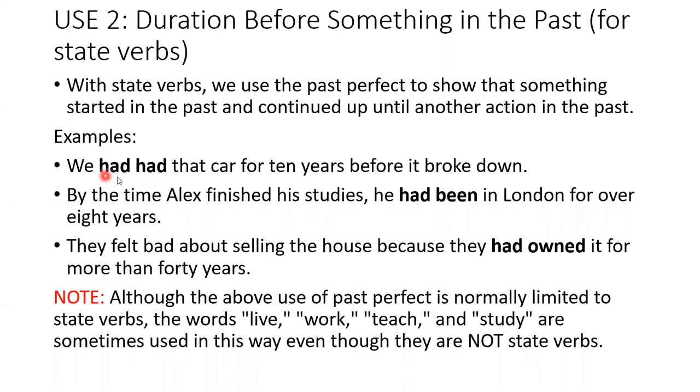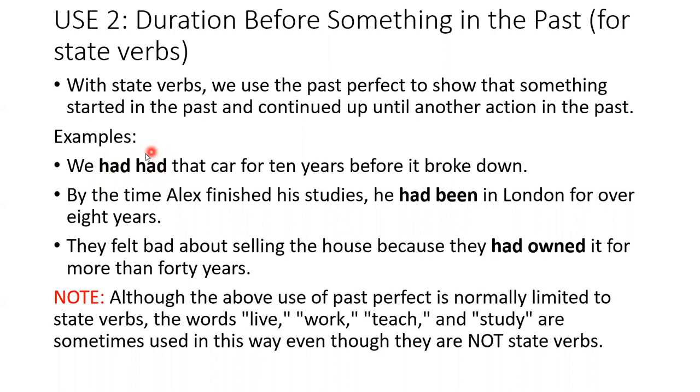Had is the past perfect of the verb have. This is the main verb, and this is the helping verb. Remember, the rule says use had plus verb 3. And had is the verb 3 or the past participle form of the verb have. So have here means own.